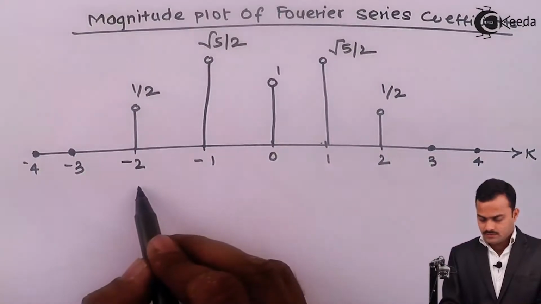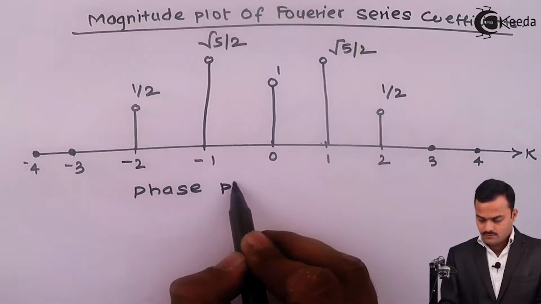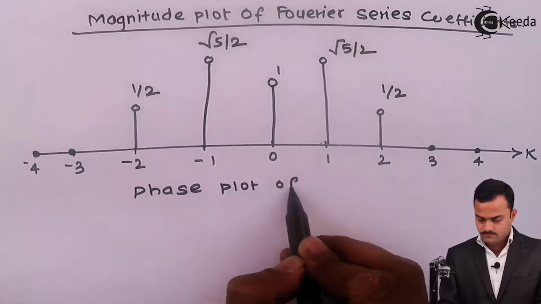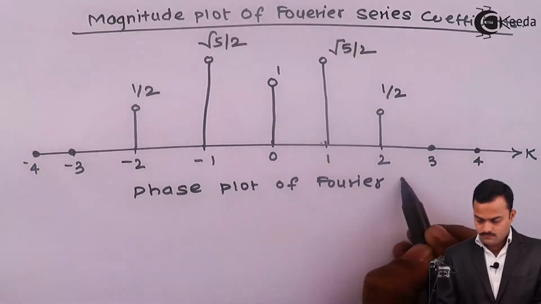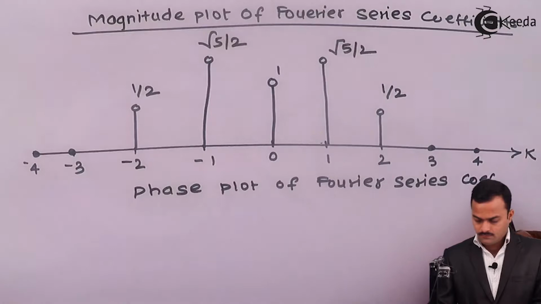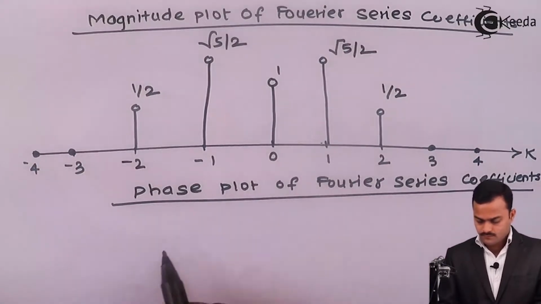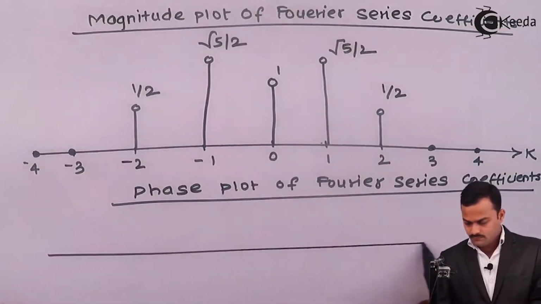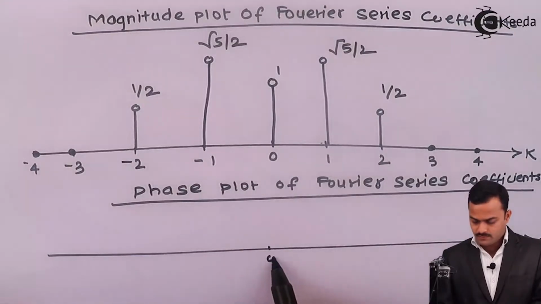Let's plot phase angle. Once again, we are having 5 values.